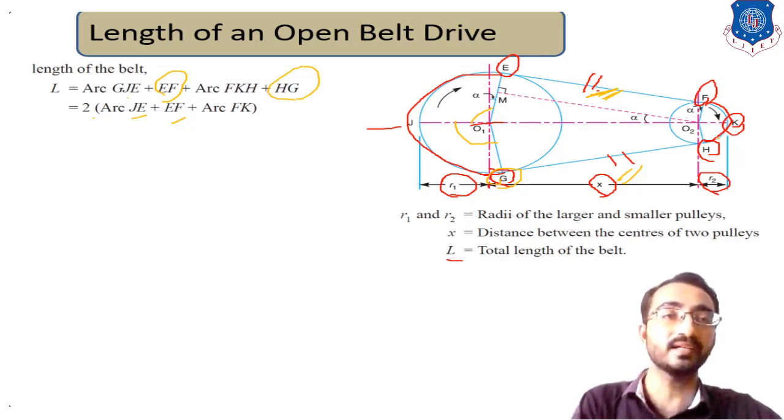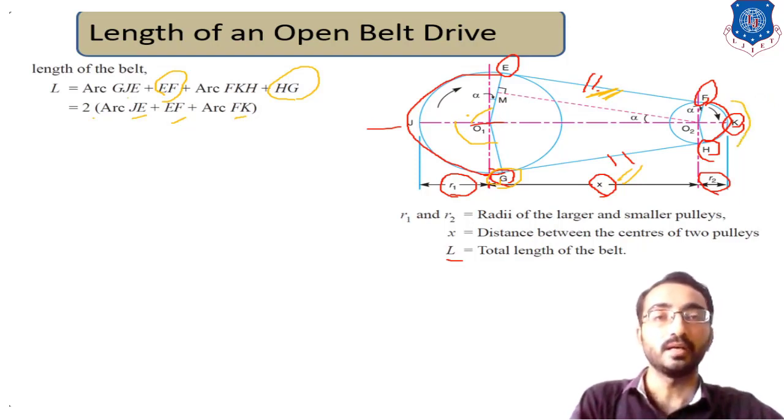And arc FKH is 2 times arc FK. So, considering symmetry about the horizontal axis, the length of the belt is 2 times arc JE plus EF plus arc FK.